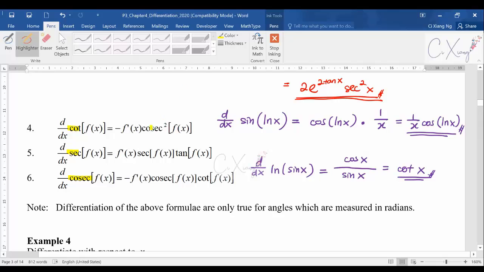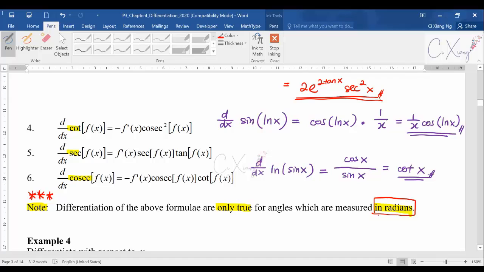Then, before we go for some examples, there's a very important note that you need to know here. For all the differentiation and integration that involve trigo, it is only true for angles which are measured in radian. Only in radian. So for a lot of calculations involving differentiation or integration that have trigo in them, you should automatically know that the angle is in radian, no degree.